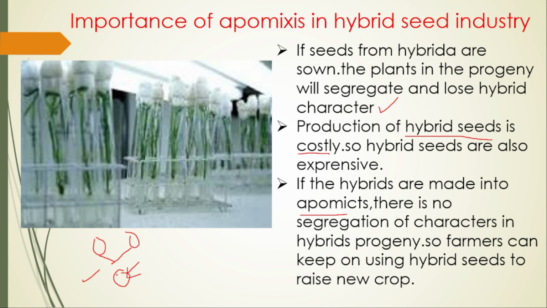There is no segregation of the character in the hybrid progeny, so farmers can keep on using hybrid seeds to raise new crops. They will have the hybrid progeny, with the important characteristic we wanted in that plant. This is the use of apomixis.